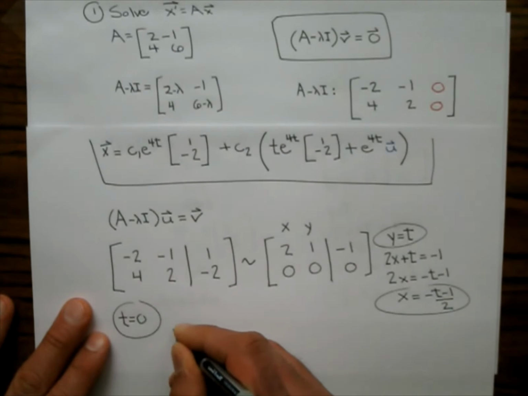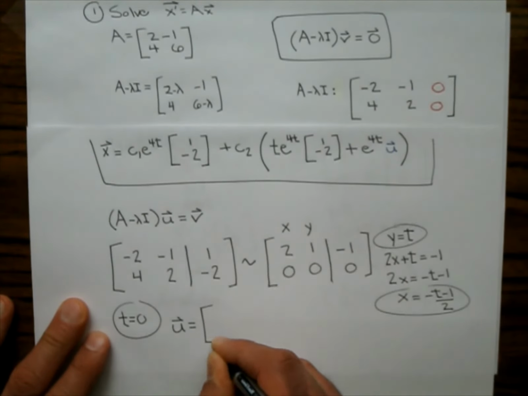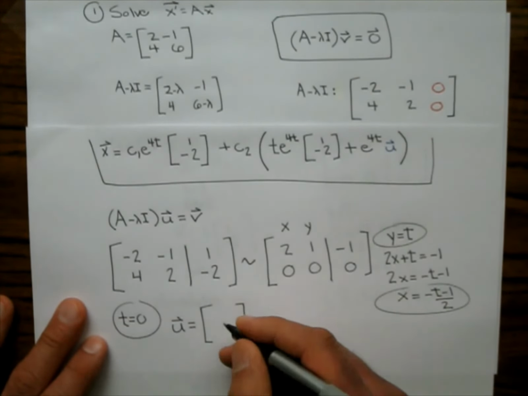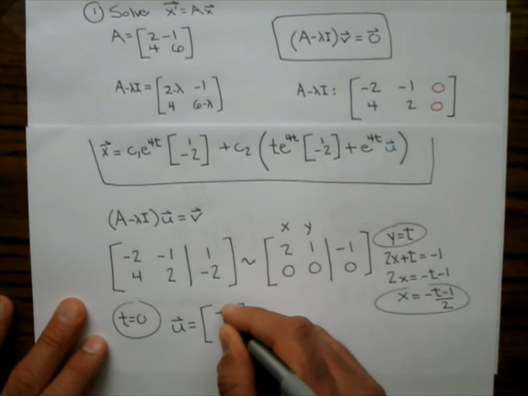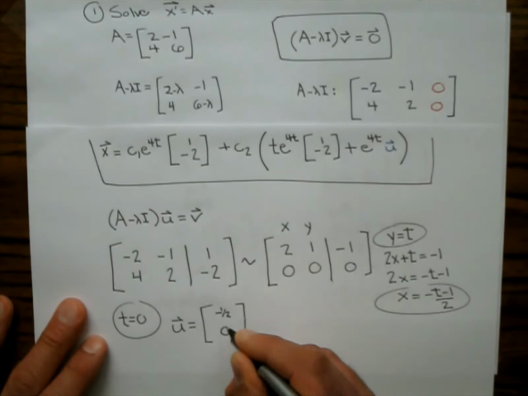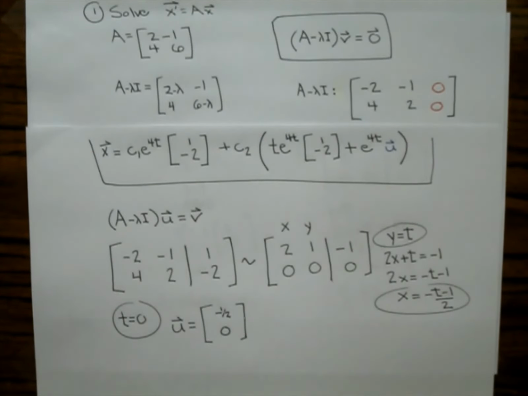If you have t equals 0, then your new u, and we'll write it as a column vector. What's x? x would be -1/2. Whoops. And y would be 0. And so, some of you do not like that t-value because you see a fraction there. Some of you would have chosen t equals 1.